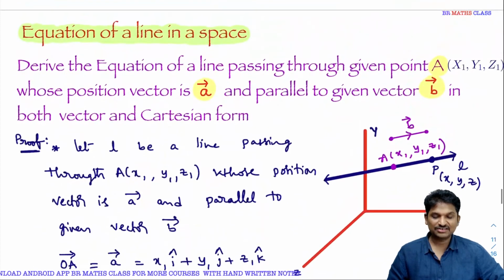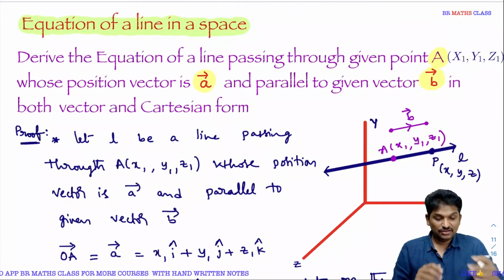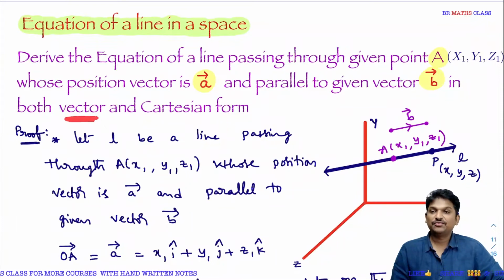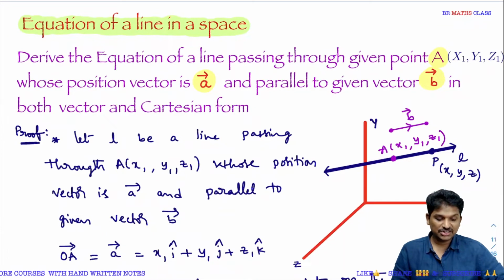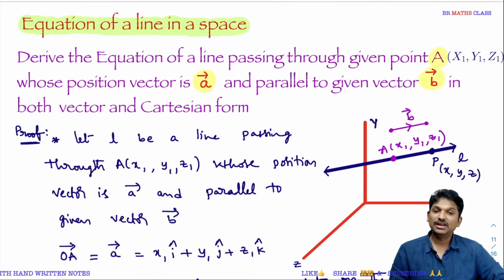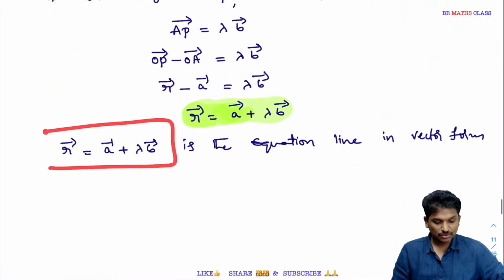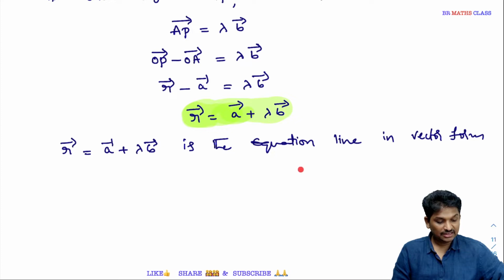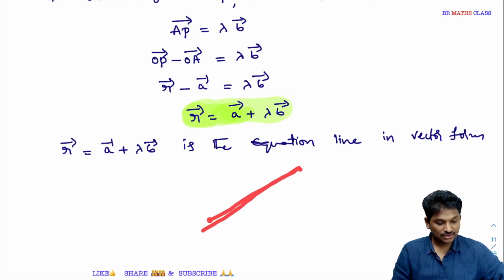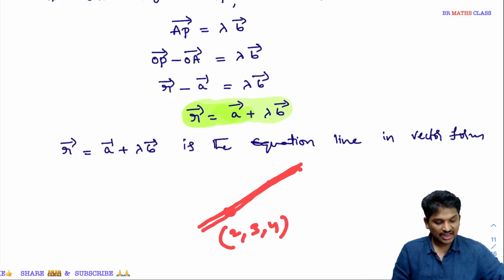I hope you understand. They are asking to derive the equation in vector form, and we derived it. This is important, as derivation is asked in exams too. Now you need to memorize this formula. While doing problems, they will say, find the equation of a line passing through the point 2, 3, 4 and parallel to the vector i cap plus j cap plus k cap.